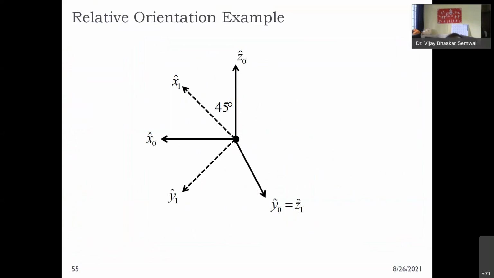So suppose I am rotating around the z0 axis by 45 degrees. That means I am doing rotation around the z axis by 45 degrees. So 45 डिग्री का रोटेशन हो रहा तो ये भी 45 डिग्री आएगा और ये भी 45 डिग्री आएगा. And I need to find the 3x3 मैट्रिक्स.